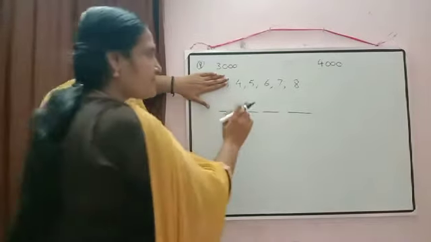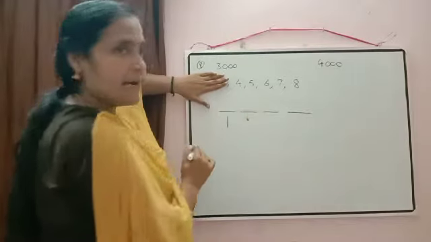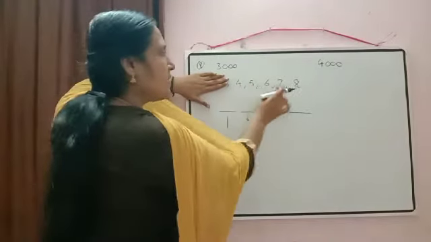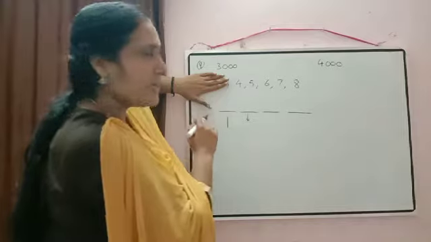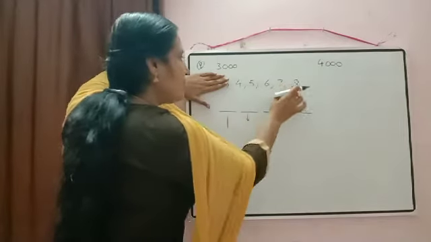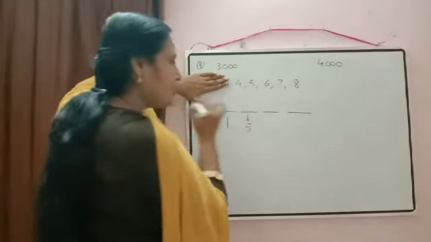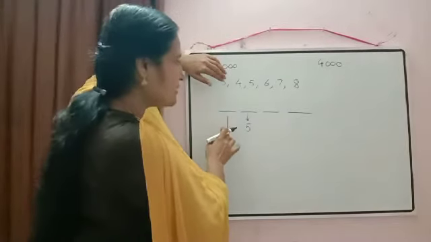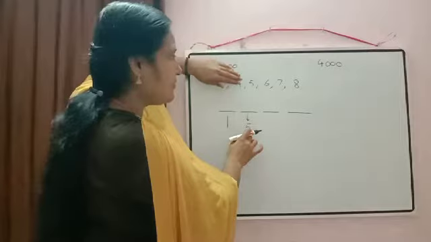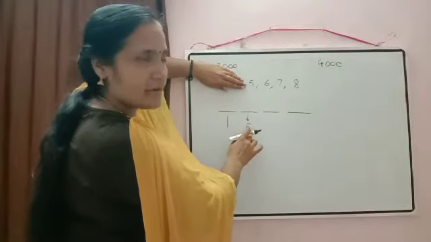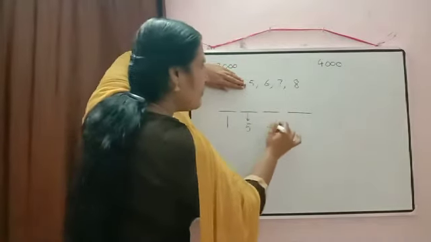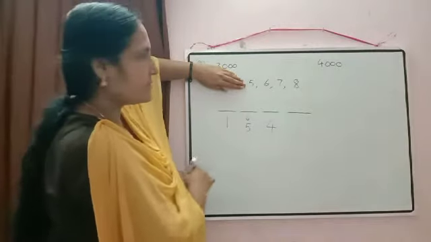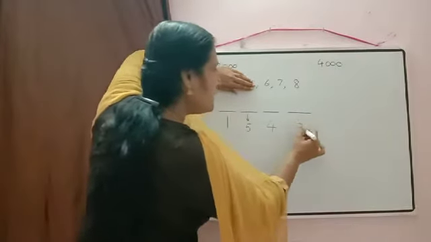Now for the hundreds place, how many options are available? Any of the remaining can come, so 5 options are available. Then we filled the thousands place and the hundreds place, so 2 places are already filled. Remaining we have 4 options available, then 3 options.